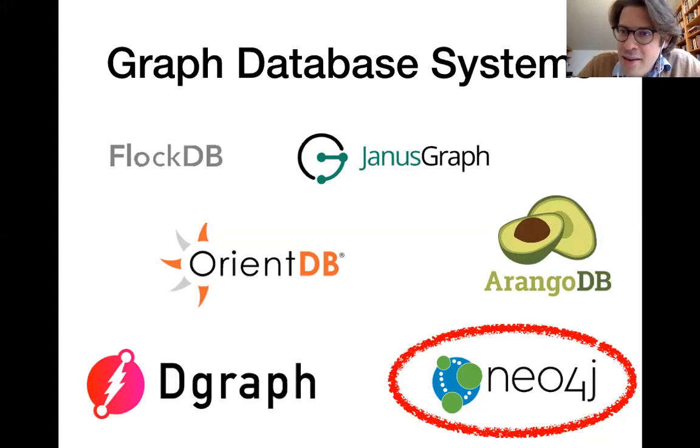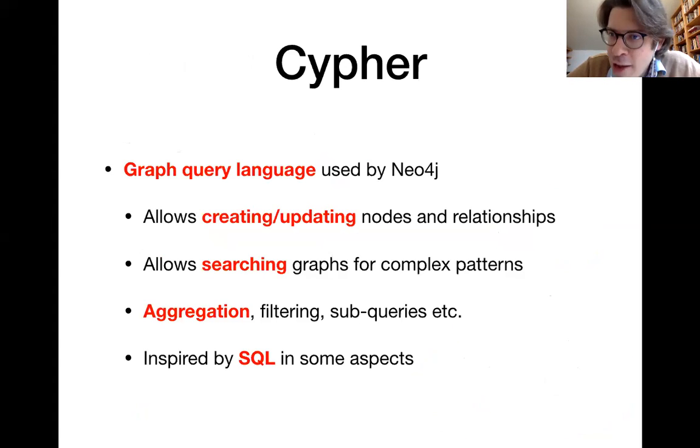So this Neo4j system, first of all, has a specialized query language specifically for graphs. And in the following, we're going to discuss more about that language. The name of this language is Cypher.